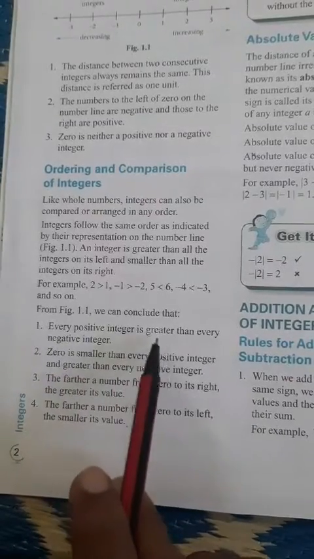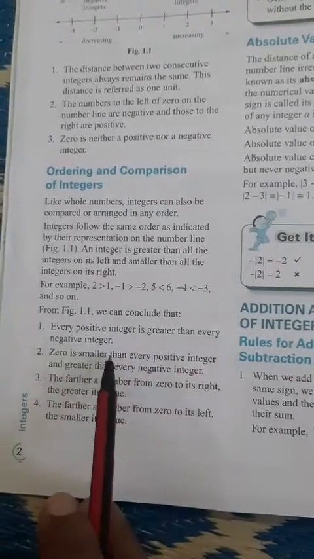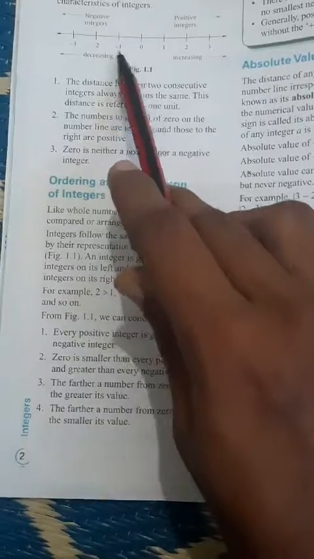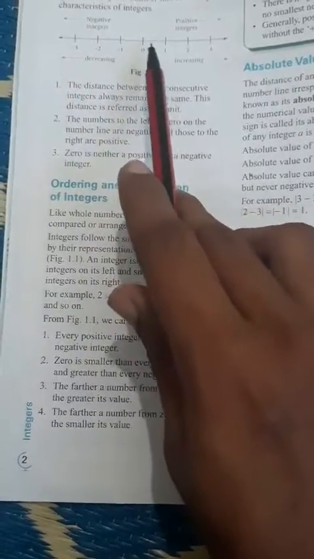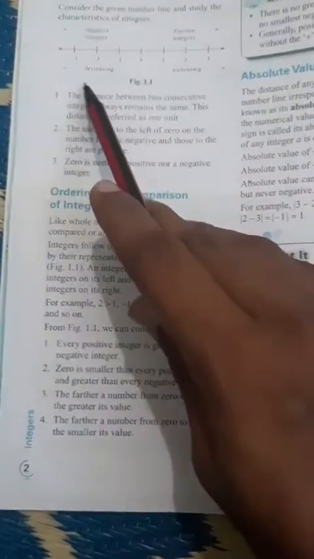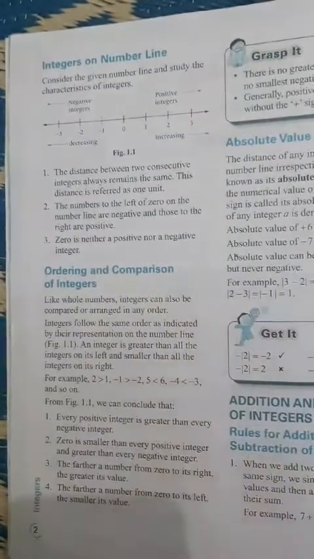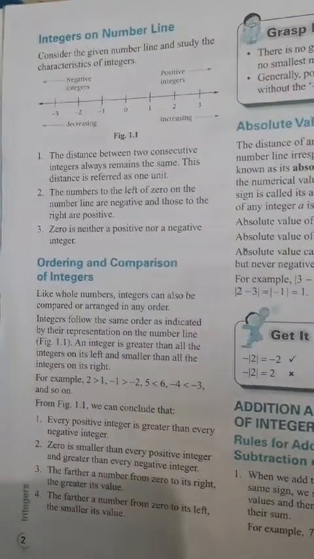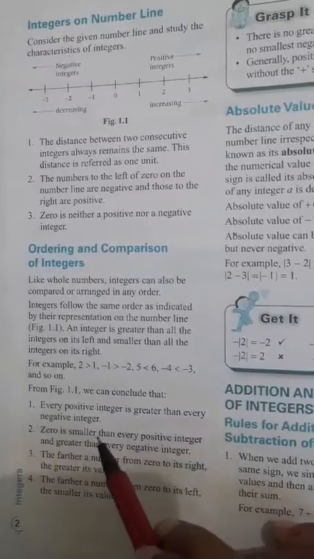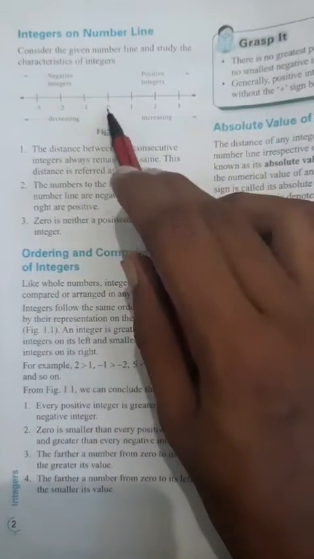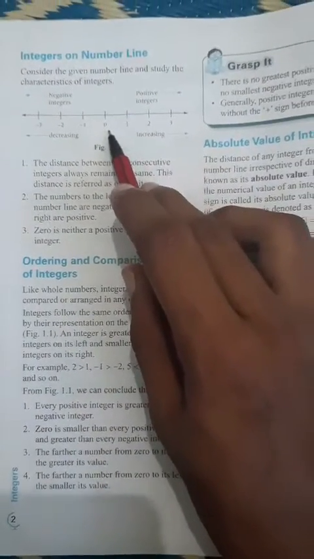Every positive integer is greater than every negative integer, because negative integers are on the left hand side of the positive integers, and 0 is also to the left of the positive integers.